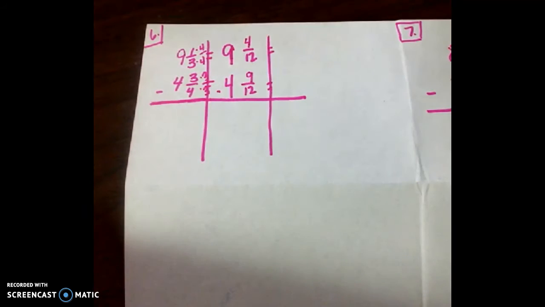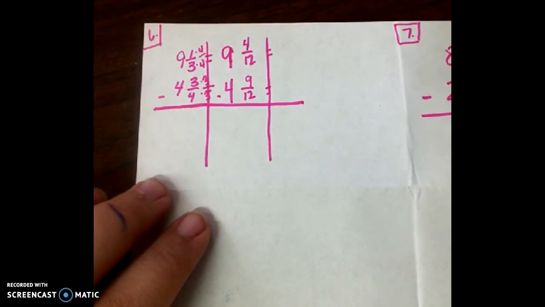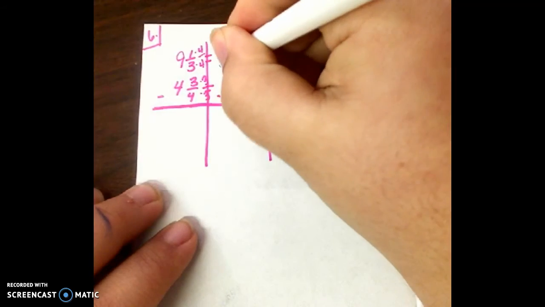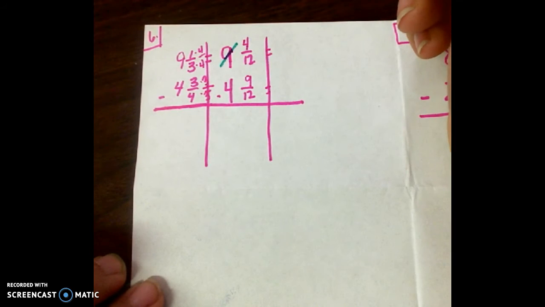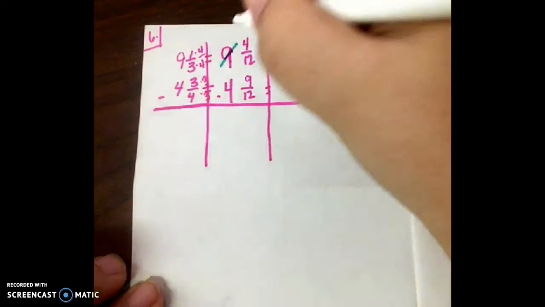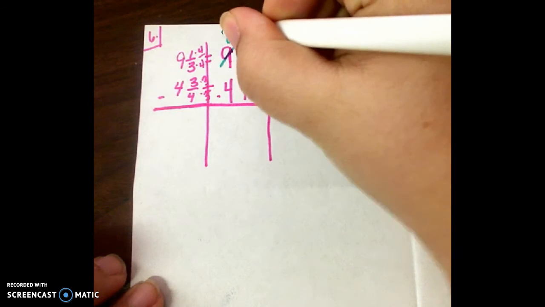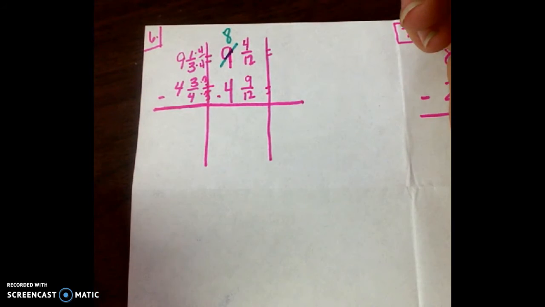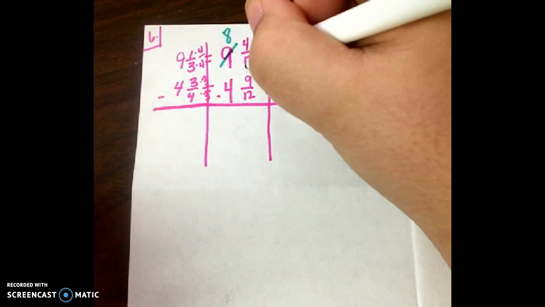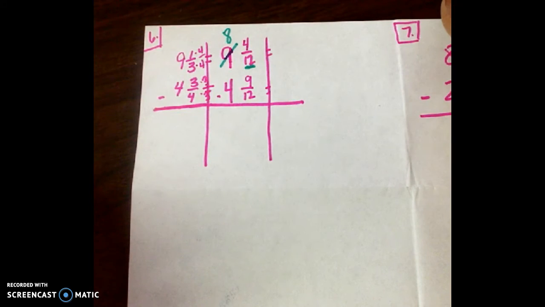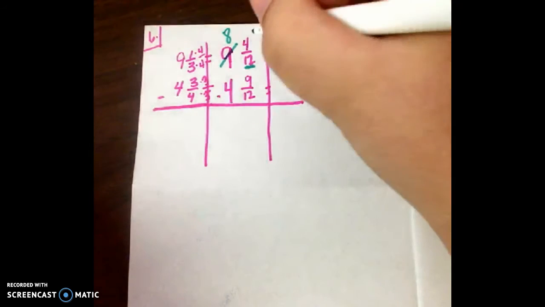So when we regroup, we are taking one whole from the number 9. If I take one whole from the number 9, it makes 9 and 8. Okay, so how do I write one whole as a fraction using the 12 as the denominator? Allie?